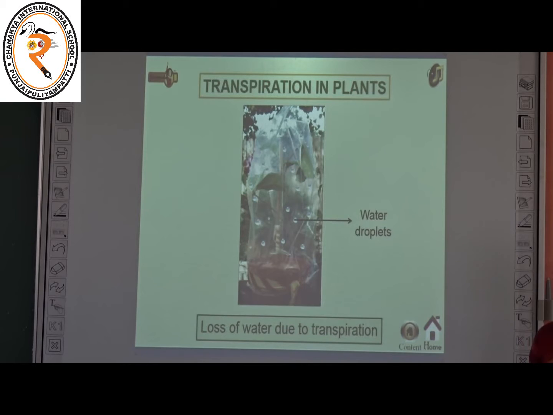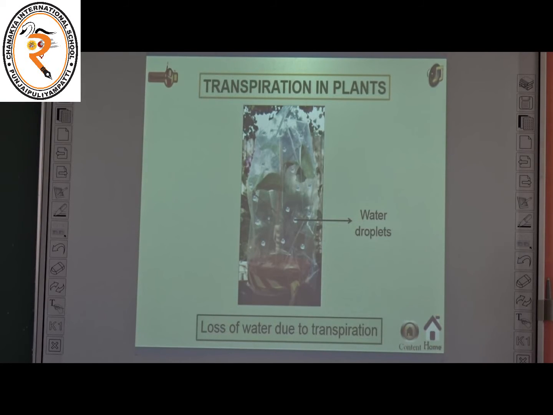Let us do one activity, children. To do this activity, we need a watered potted plant and a polythene sheet. Okay. See, take a watered potted plant and cover the plant with a transparent sheet and leave this setup in sunlight for 2, 3 or 4 hours.